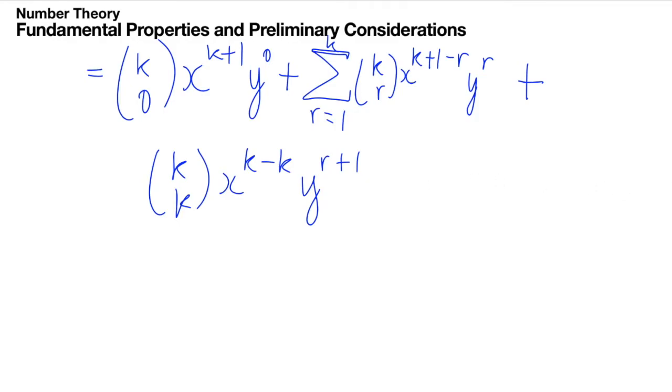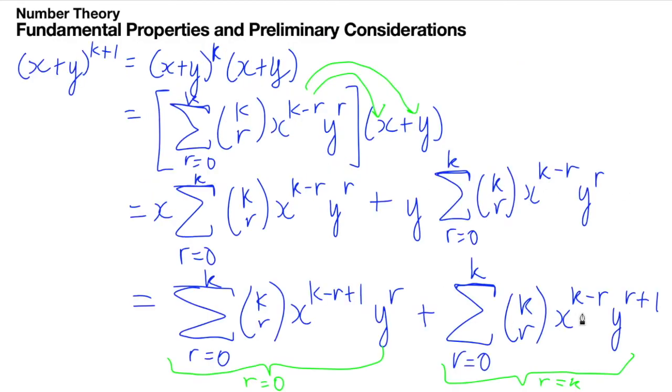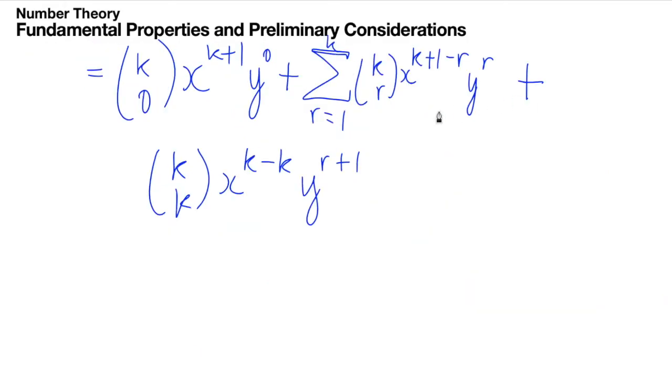Let me check that again. This r here will become k, this r here will also become k. So that's just the term that we have taken out, and then this is going to be plus the summation notation that we have written.